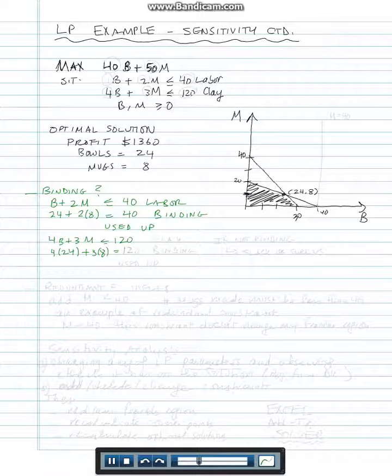And that's exactly 120. So we are binding also on clay. That's what binding means: the left-hand side of the constraint is equal to the right-hand side, and it means that you use it all up.